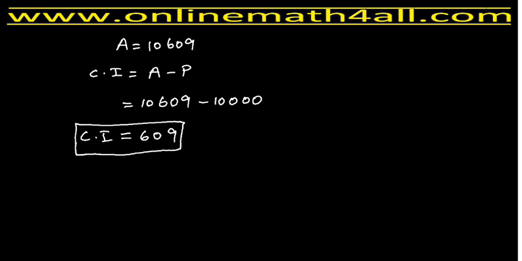We all know the formula of simple interest, that is capital I is equal to PRT. So here the interest is clearly 609 because I am expecting the same interest, and the principal is the same, $10,000, into R, and the time period is the same, 1 year. So I just want to know the rate of interest in simple interest for the same principal and the same interest. So that is what I'm trying to find now.